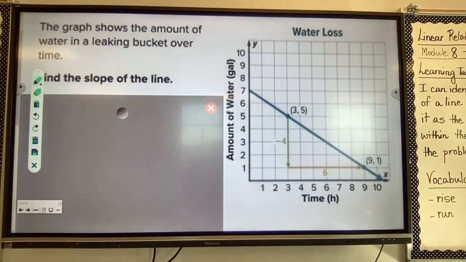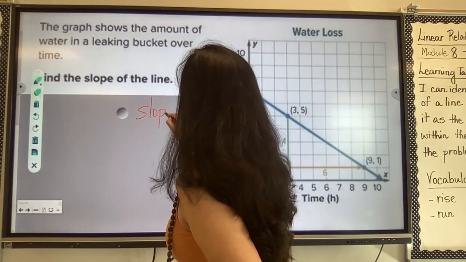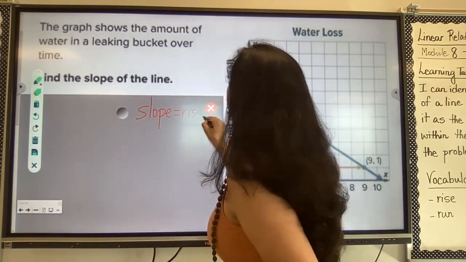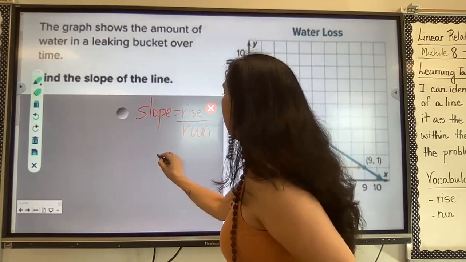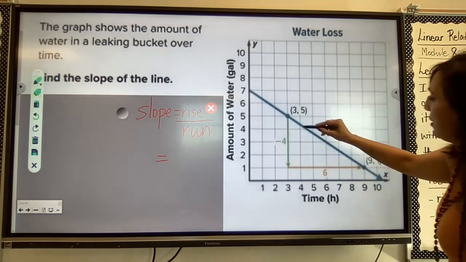Okay. So to calculate the slope, we are going to find the ratio of the vertical change to the horizontal change between any 2 points on the line. And in this case, the points are (3, 5) and (9, 1). So again, what is slope? Slope is your rise over run. We are looking at first the vertical part. When I'm looking at this, it is going downward.